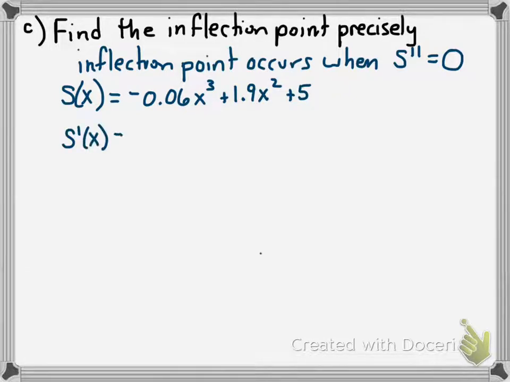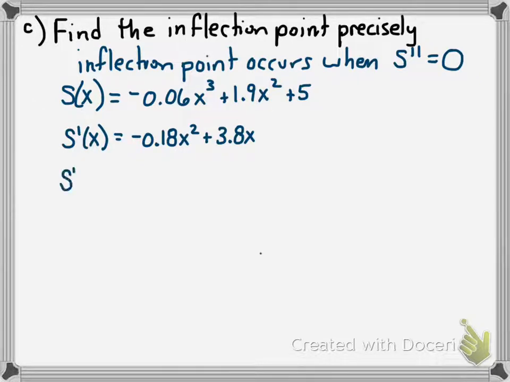So we'll start by finding the first derivative. When I take the derivative, there's no product, no quotient, no chain rule required, just a bunch of power rules. So I bring that 3 down. So I have negative 0.18 x squared plus, I bring that 2 down, 3.8x, and the derivative of 5 is 0. Okay, so that's my first derivative.